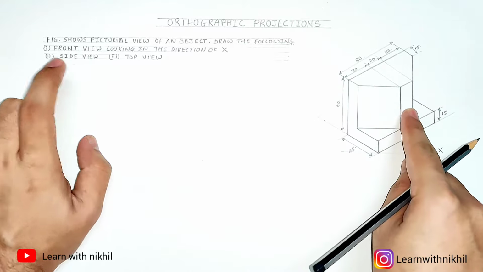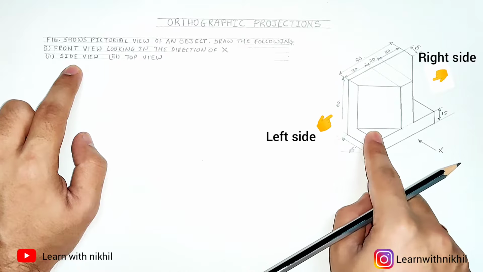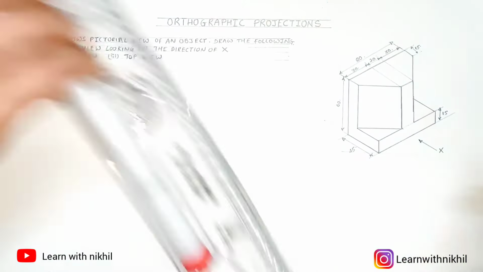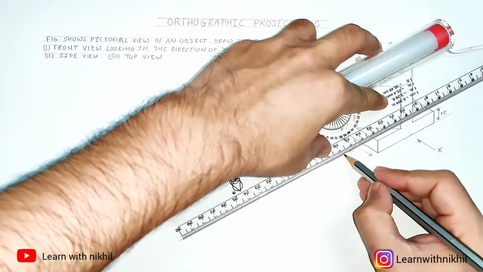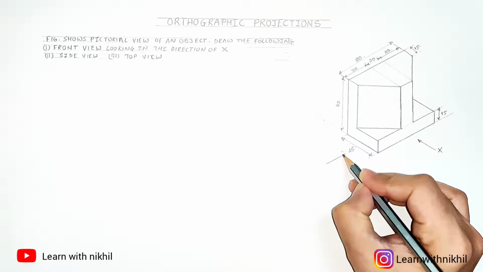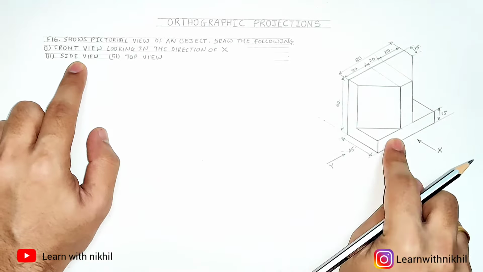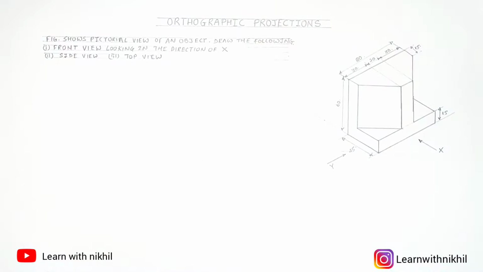Now as we have two sides, which side is to be drawn in the exam is represented by an arrow denoted by Y. So this is the arrow denoted by Y. So this is the side view which we have to draw, and the top view.